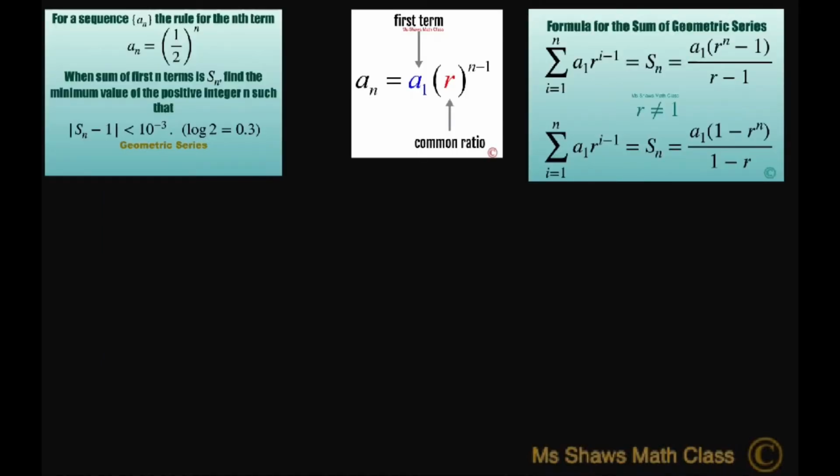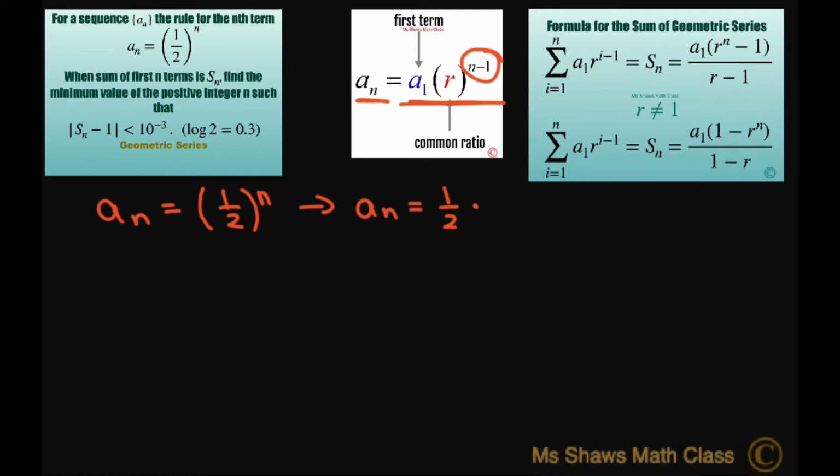We have our a sub n here, and this is the formula. So we know that a sub n equals 1/2 to the power of n. And it really doesn't look like this. We have n minus 1. So I can rewrite this as a sub n equals 1/2 times 1/2 to the power of n minus 1.